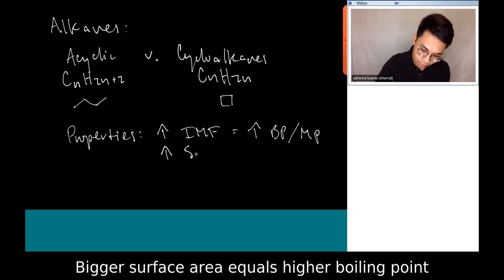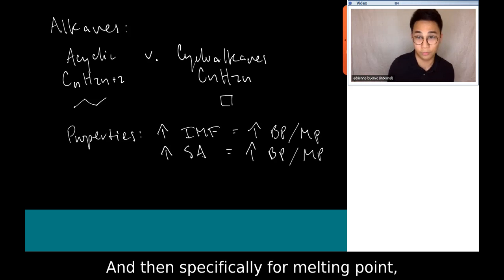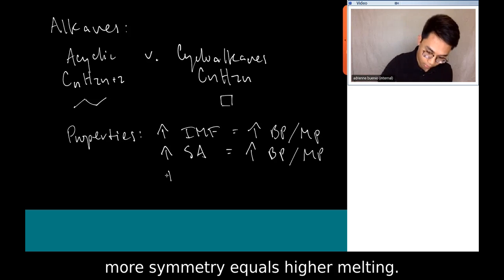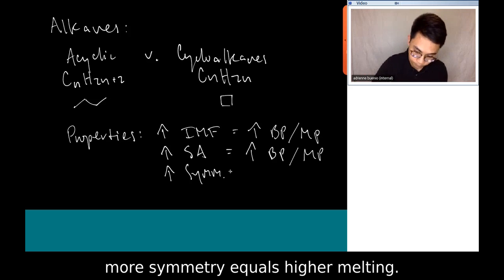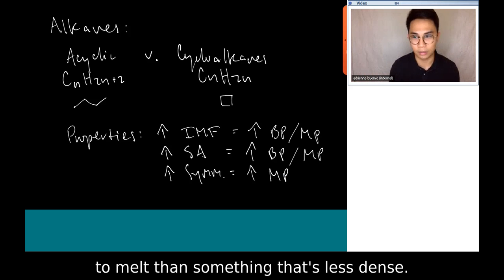Bigger surface area equals higher boiling point and melting point, right? And then specifically for melting point, more symmetry equals higher melting point. And we know that more dense is harder to melt than something that's less dense, right?